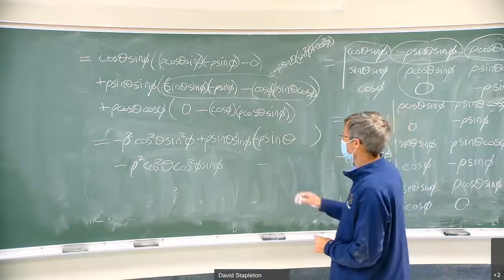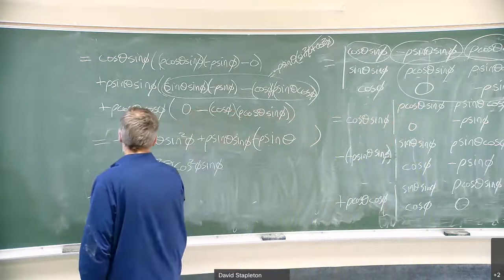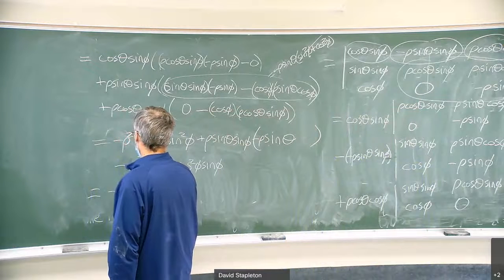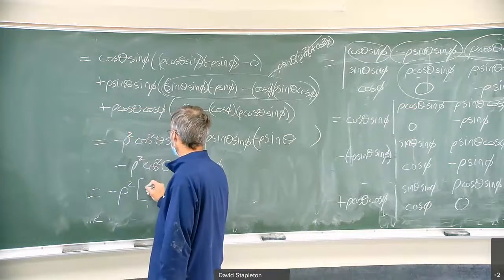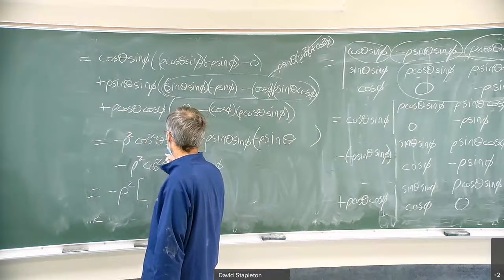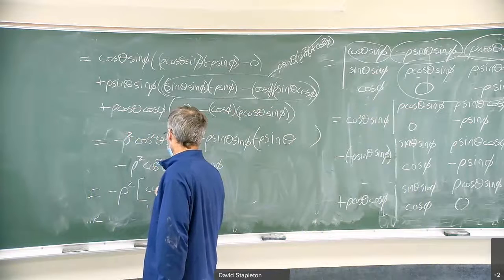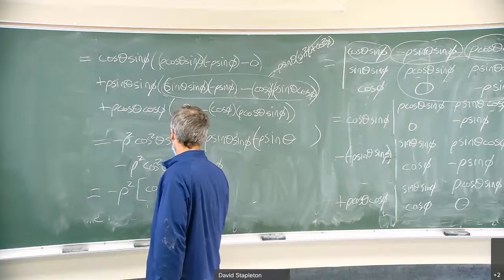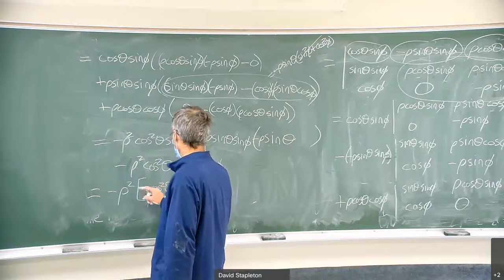All right, and now what we've got is minus rho squared on each of these terms. And the first one gives cosine squared theta sine squared phi, minus, no, there's minus out here.